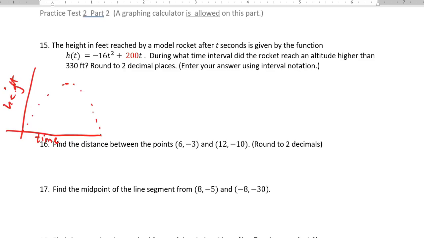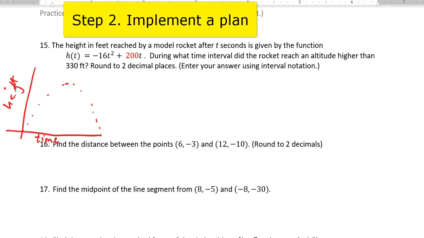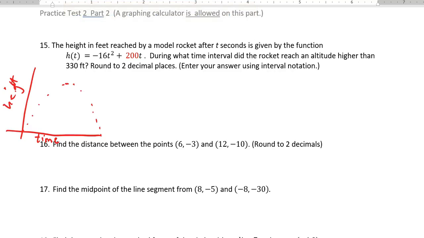When I read the question, it says, what interval did the rocket reach an altitude higher than 330 feet? And when I see words like higher than, or at least, or more than, these kinds of words make you realize that we're talking about an inequality.